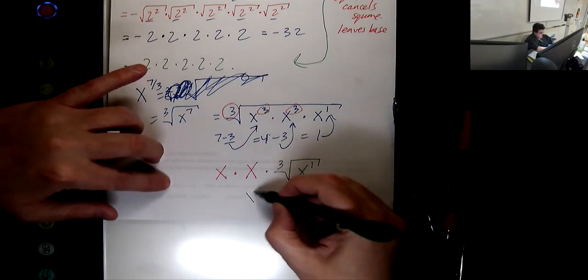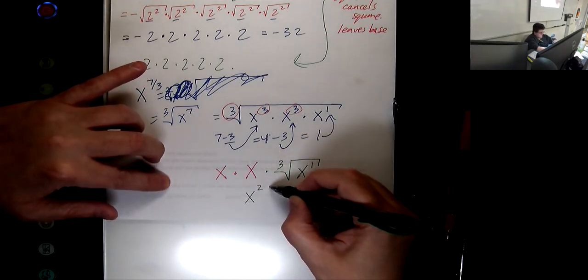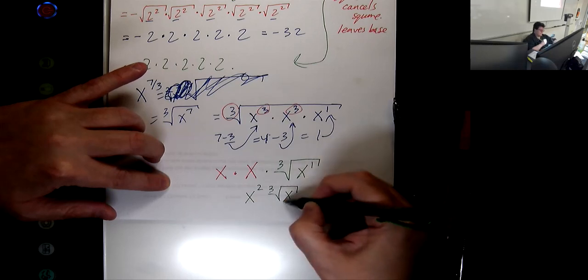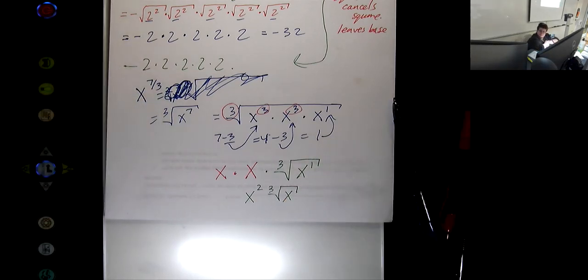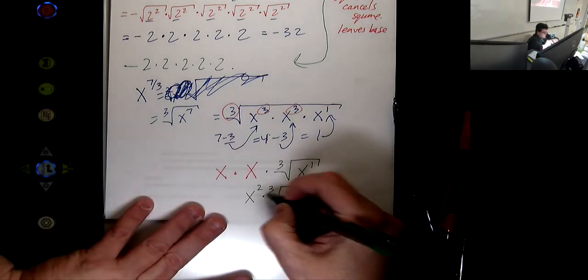So this is x squared times the cube root of x. And you can have the multiplication symbol there if you want.